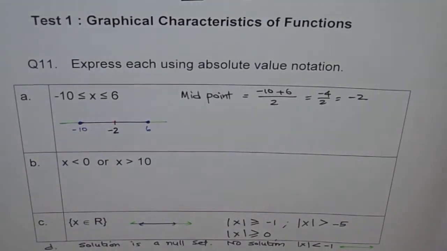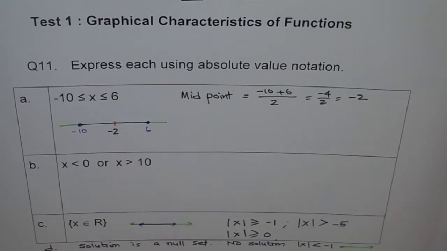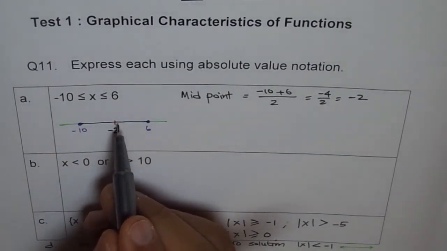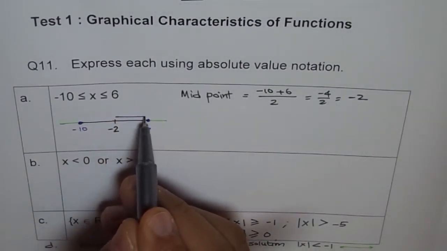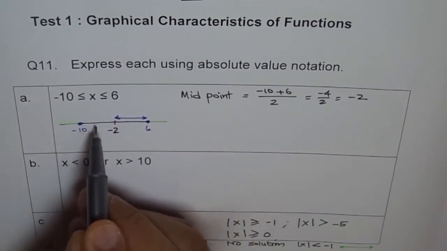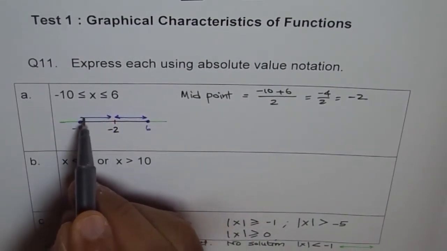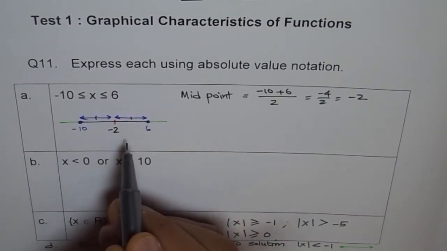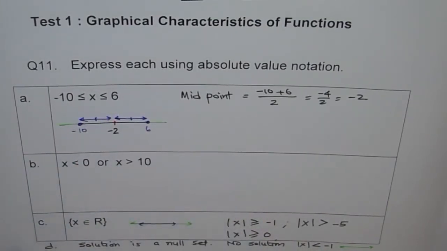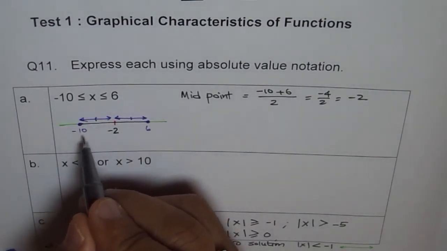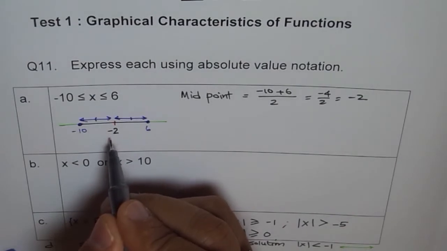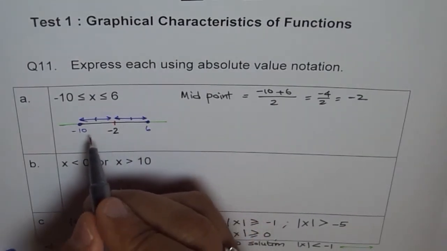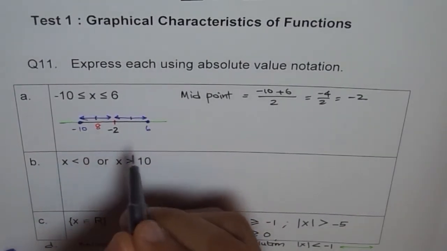Now, second part is, we have to see how far this midpoint is from the ends. How much is this distance, and how much is this distance? Both are equal because this is a midpoint. But how much is it? If you do minus 10 minus minus 2, you get minus 8, so absolute value 8.